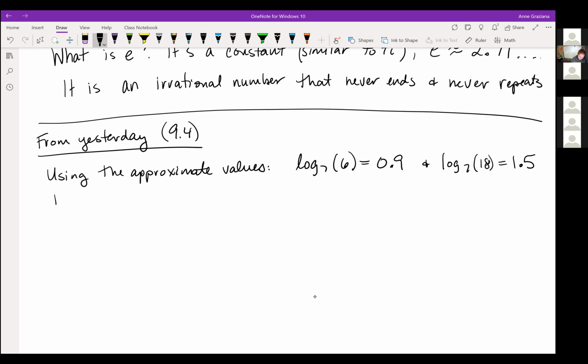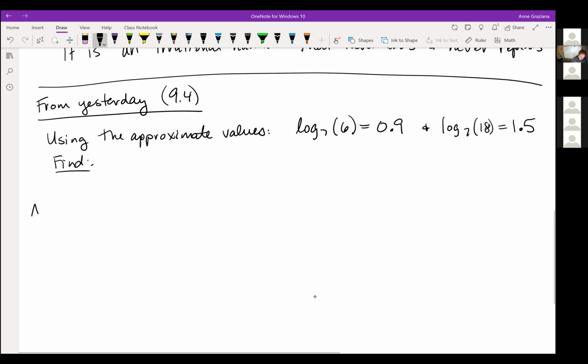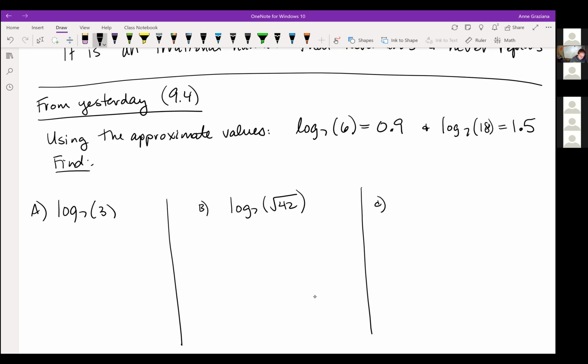I want to find, here's A, log base 7 of 3. B is log base 7 of square root of 42. And C is log base 7 of 1 over 36.